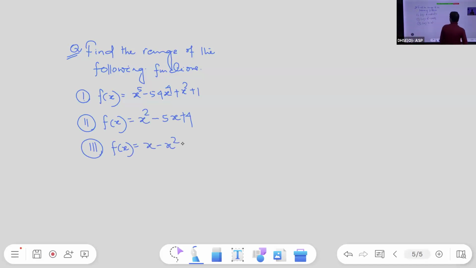Try to solve these 3 questions. Send me the answer.